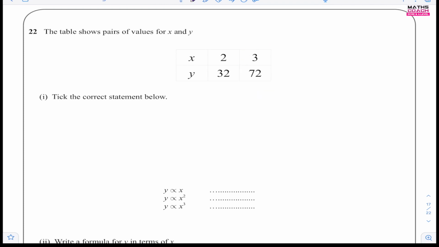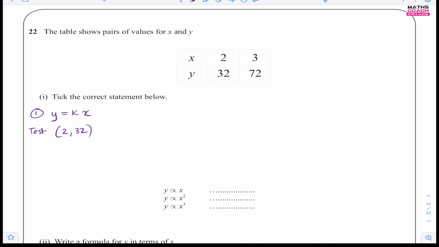So what do I mean by this? Let's start with the first statement. So let's take y is proportional to x. Now I'm going to replace the proportional sign with equals k, and so we have y is equal to kx. So we're going to test this now, using x as 2 and y as 32. And I've just got that from this table.